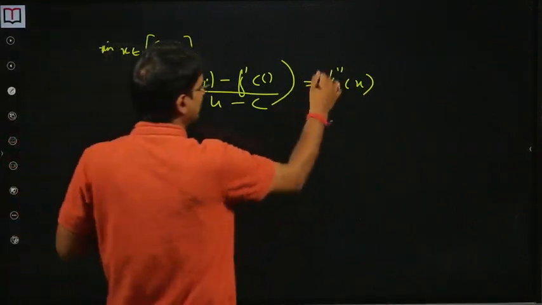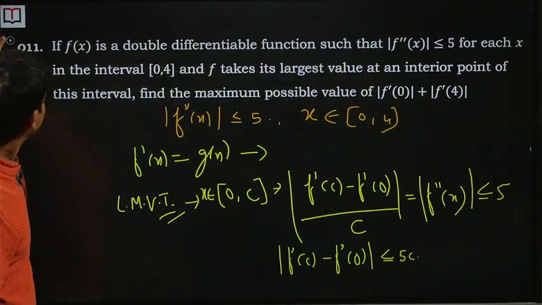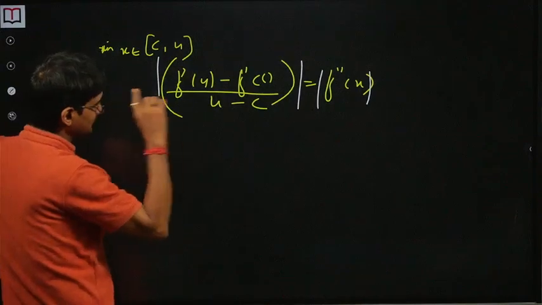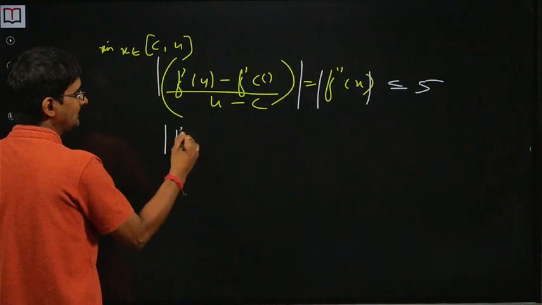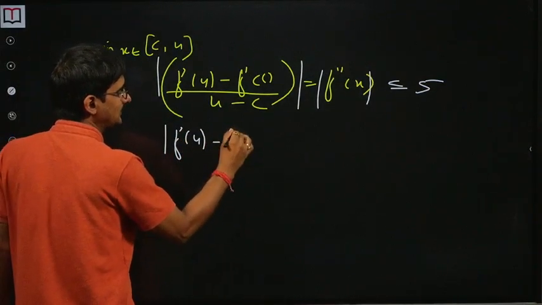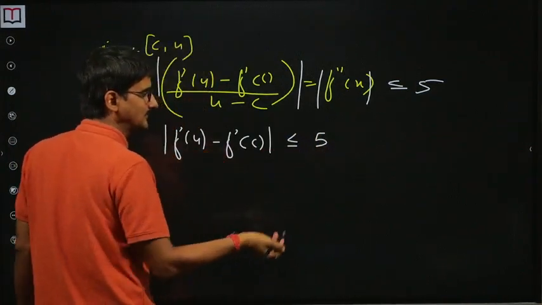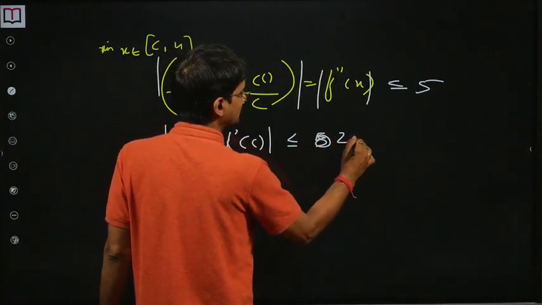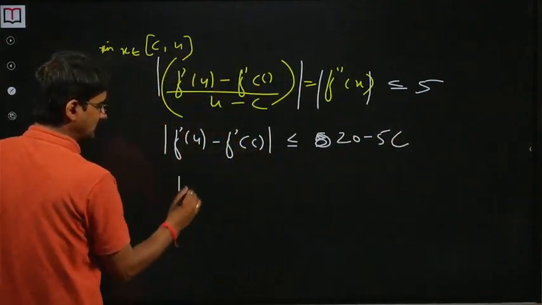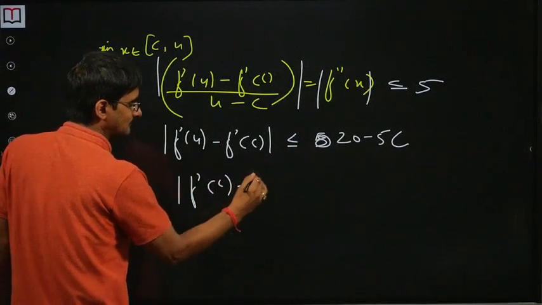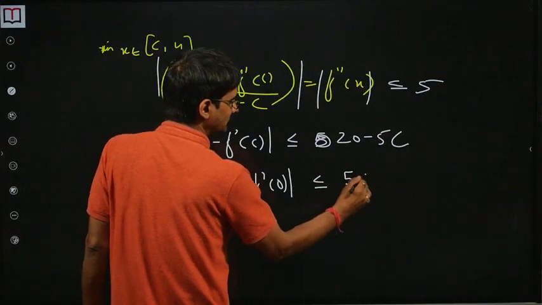Now if I again take mod, 4 minus c is again positive, so this is less than or equal to 5. So mod of f dash 4 minus f dash c is less than or equal to 5 times 4 minus c, which is positive. So 20 minus 5c, and the other is f dash c minus f dash 0 less than 5c.